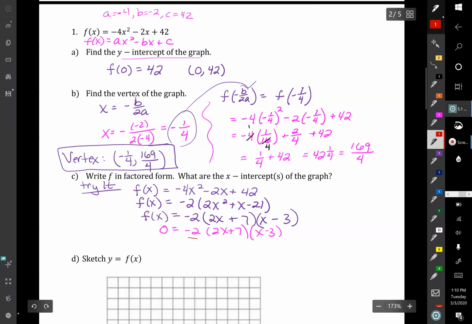And this -2 actually will just divide out and leave us with 0 equals 2x plus 7 times quantity x minus 3. And then set each factor equal to 0, and I would get x equal to -7/2, or x equal to 3.